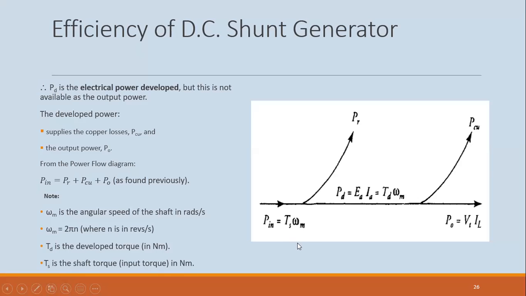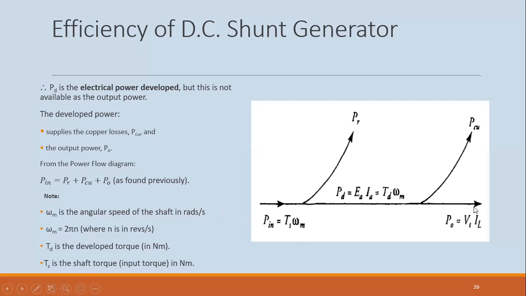Omega M here is the angular speed of the shaft or the armature in rads per second. And omega can be written as 2 pi n, where n is in revs per second. TD is the torque developed.